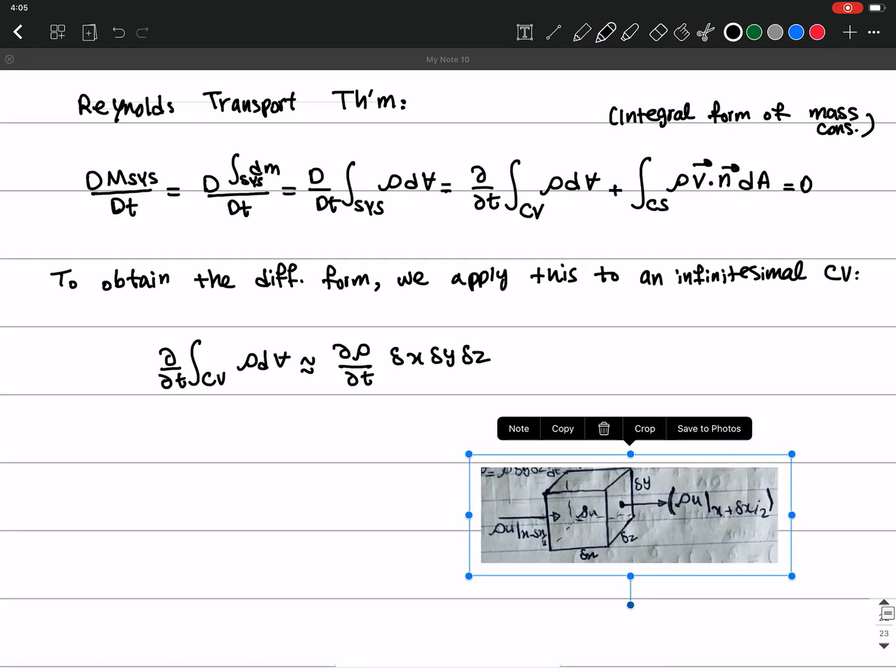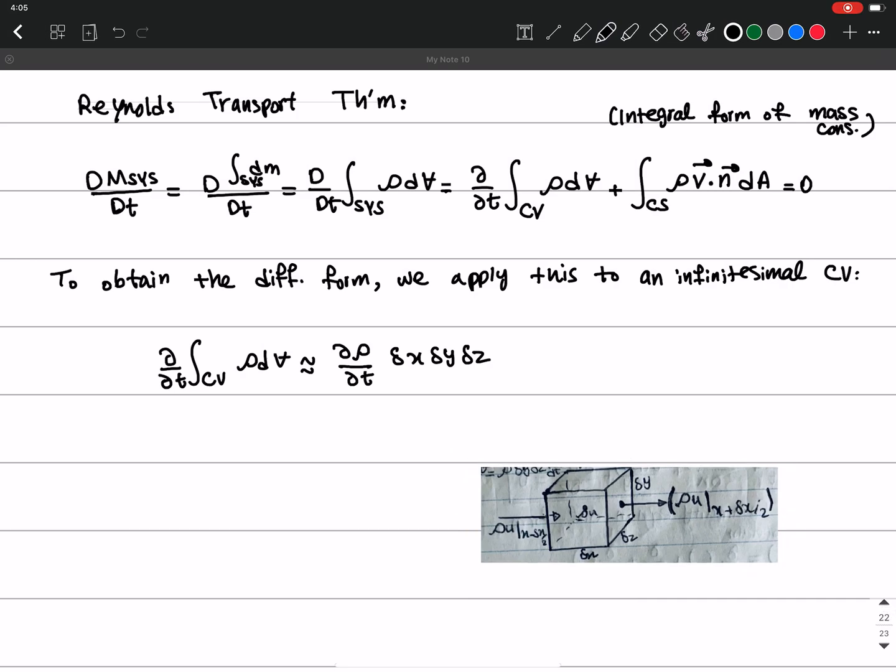So imagine this is the infinitesimal control volume that we have. We can calculate the net rate of mass outflow in the x direction.